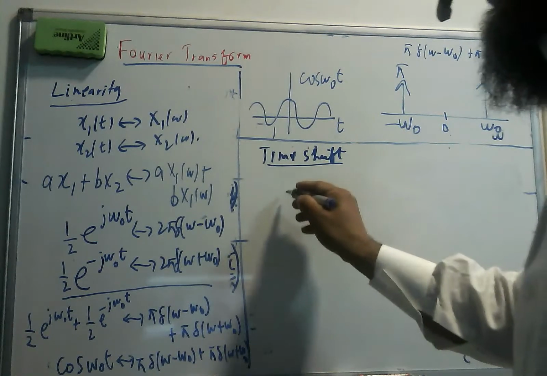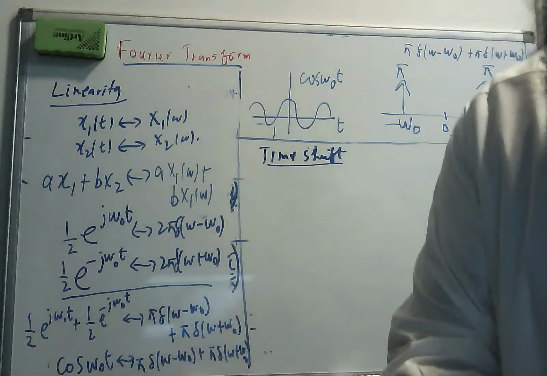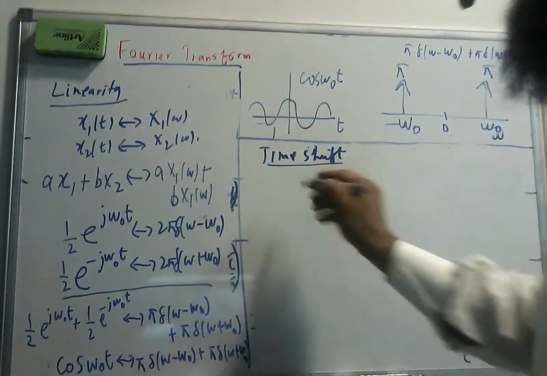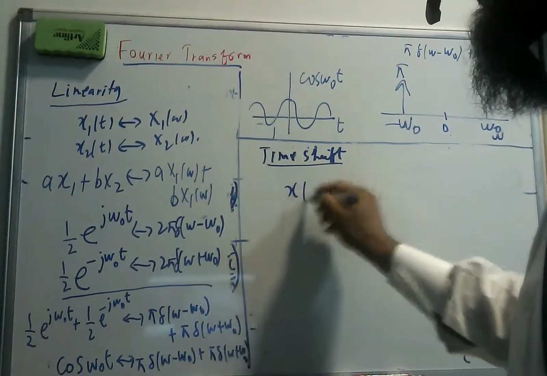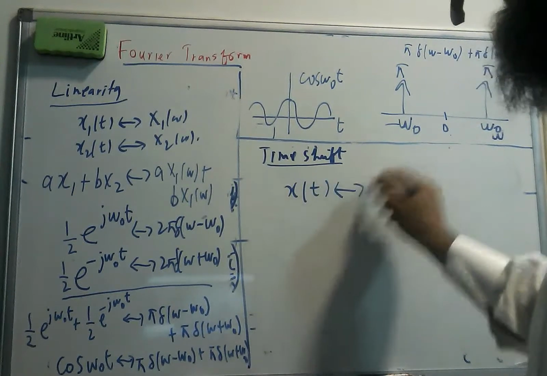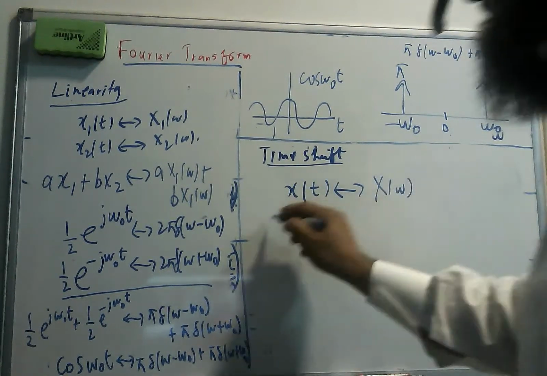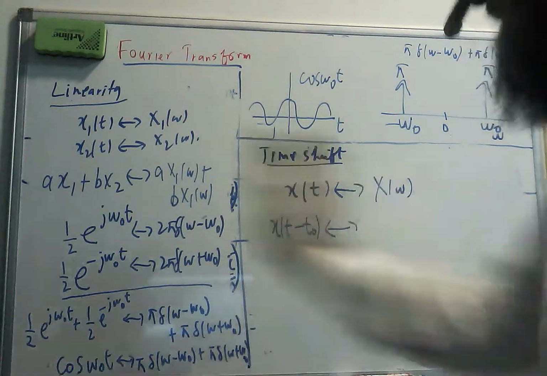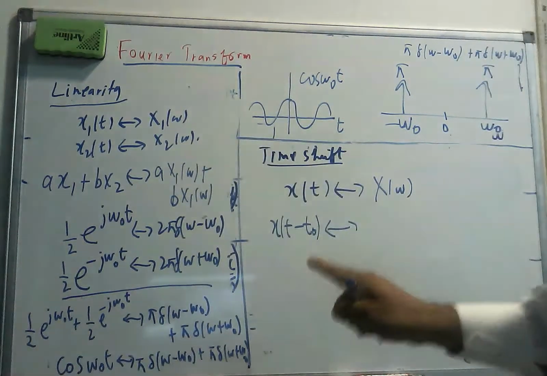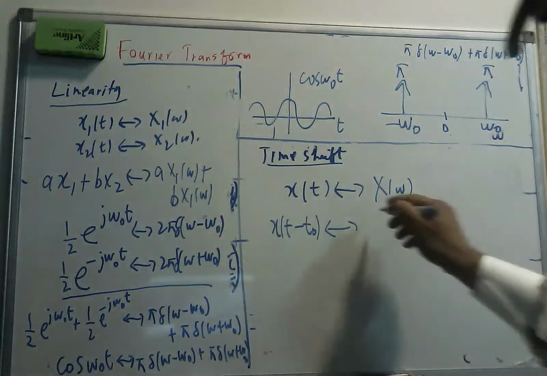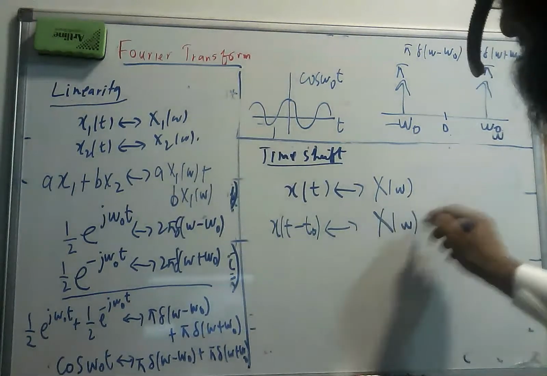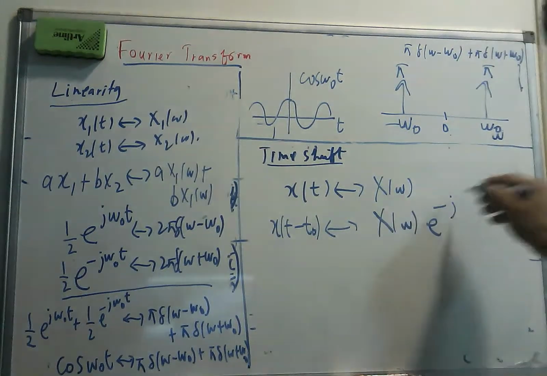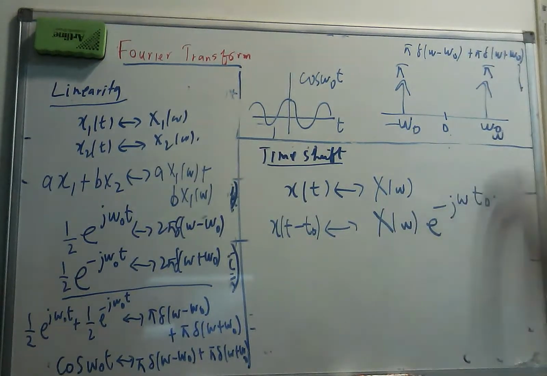The property says that if the Fourier transform of any function x of t is X of omega, then if I shift the function in time, I don't need to find the Fourier transform again. What I do is just multiply this by e raised to power minus j omega t naught.